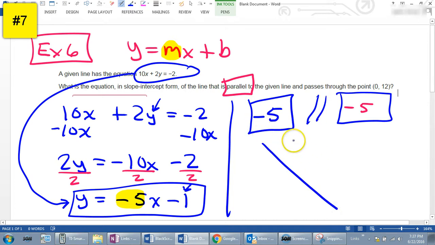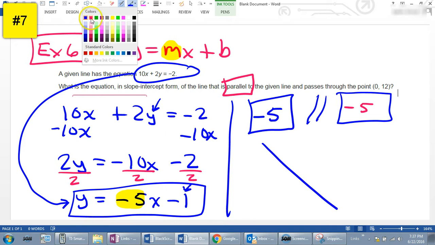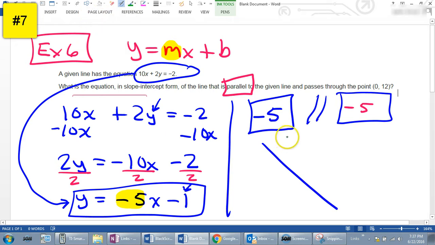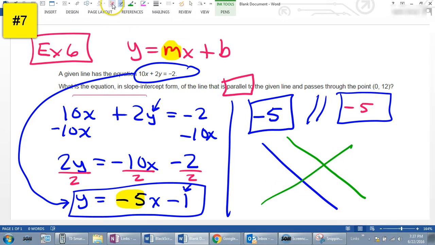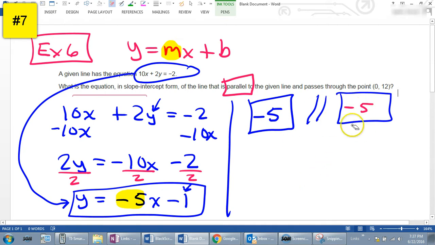If it's parallel to another line, let's say it's parallel to this green line, they both have to be going downhill. If one was going uphill, they wouldn't be parallel, right? So if they're both going downhill, they're both going to be negative. So they have to be exactly the same. So that means we have our slope. Our slope is -5. And guess what else? We have the slope and a point.